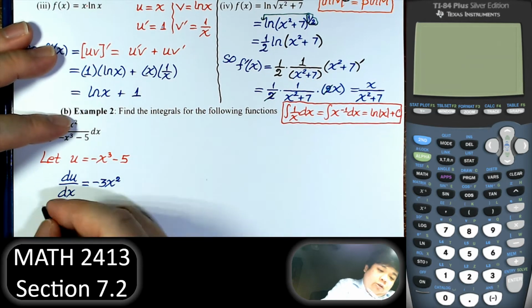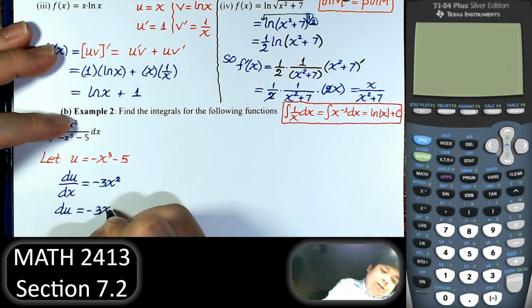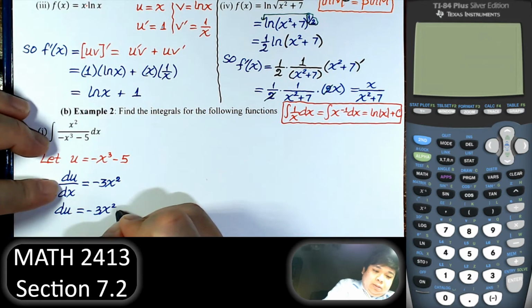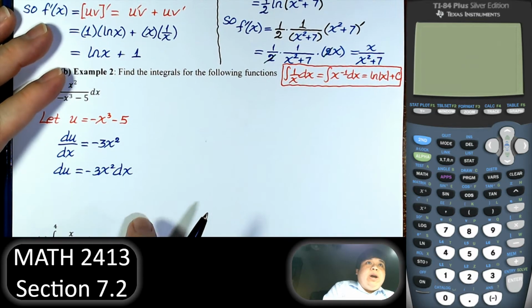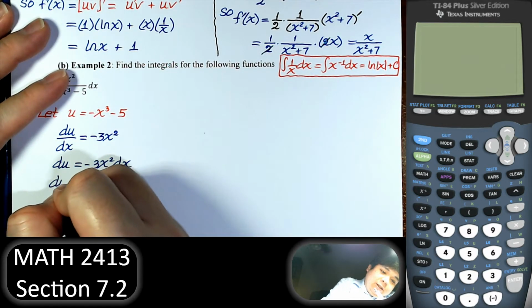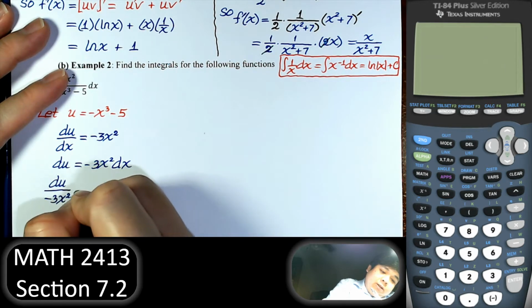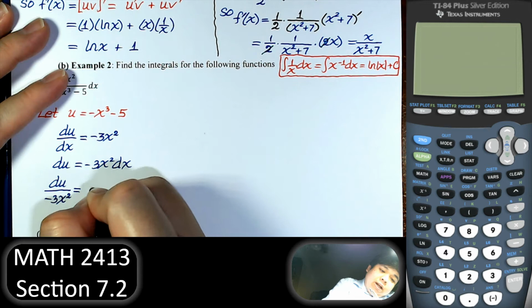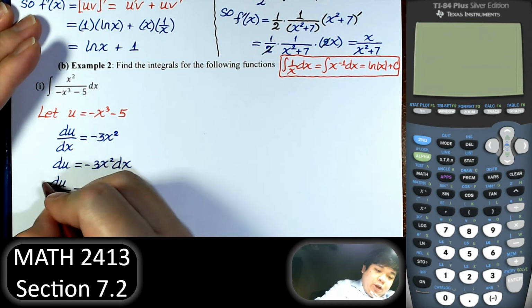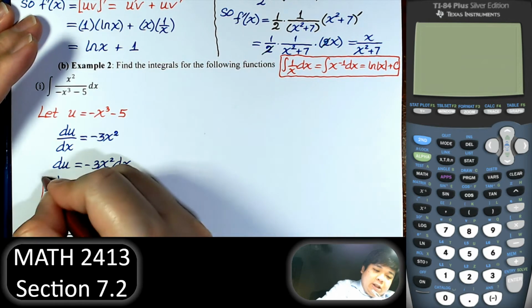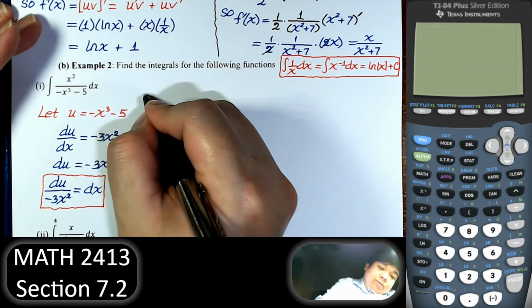Move the dx over, and then divide by -3x squared. And that gives us dx. So we have u and we have dx, and that's ready for substitution.